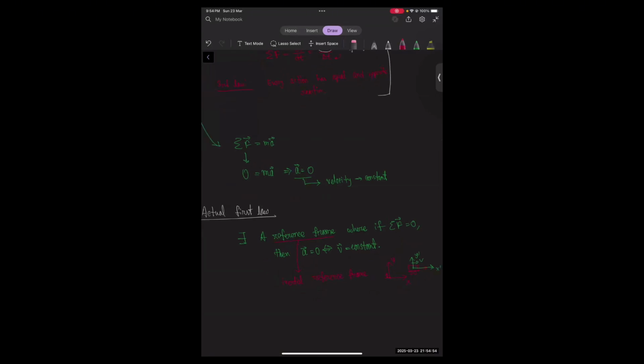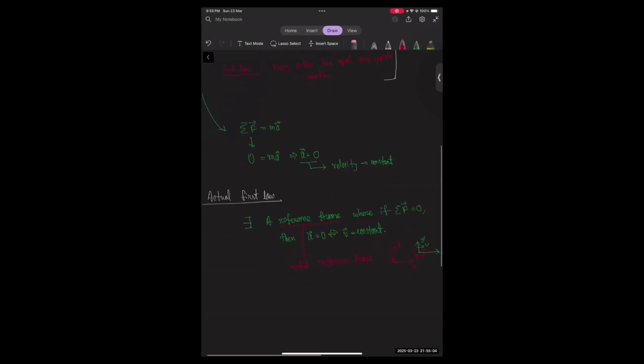Okay, and why do we need this law? Because this law actually sets the ground for the other Newton's laws, the second law and the third law. The second and third laws are only valid in inertial reference frames.